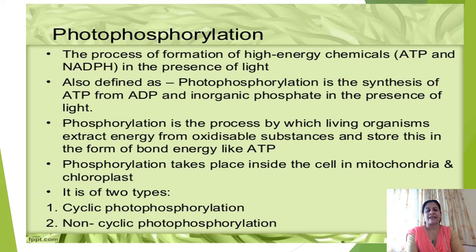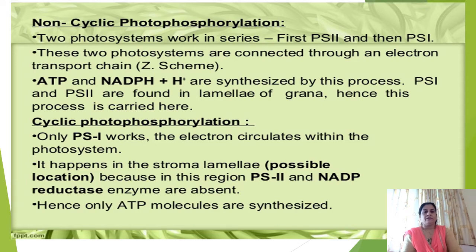One is by cyclic method, in which the electrons which are emitted from chlorophyll come back to chlorophyll. So it follows a cyclic pathway. While in non-cyclic, the electrons which are emitted from chlorophyll A do not return back to chlorophyll A. That is why it is called non-cyclic. Now, we have already discussed the two photosystems, photosystem 1 and photosystem 2.